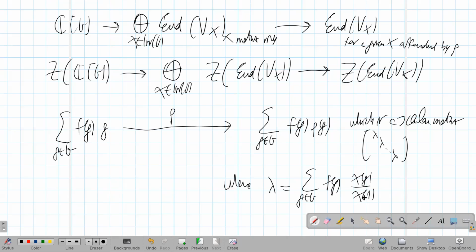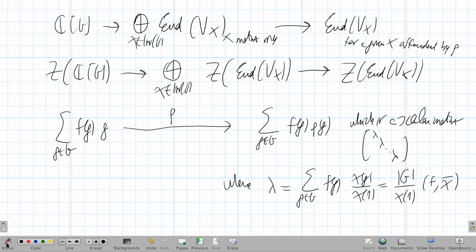So this is what we found. Recall, this can be written compactly in this form: order of g divided by chi of 1 times the inner product of f and chi conjugate. More about this chi conjugate in a second. So the image of this is an element in the center, because this element is in the center.